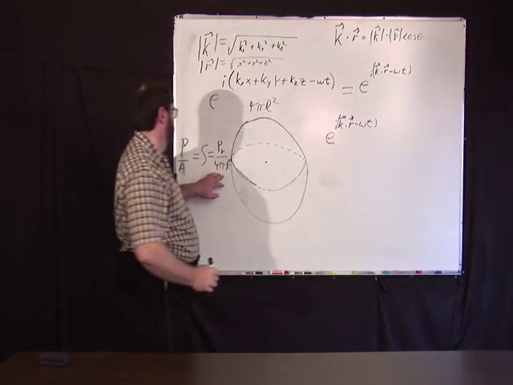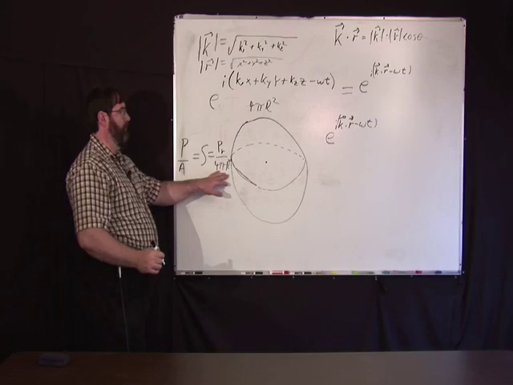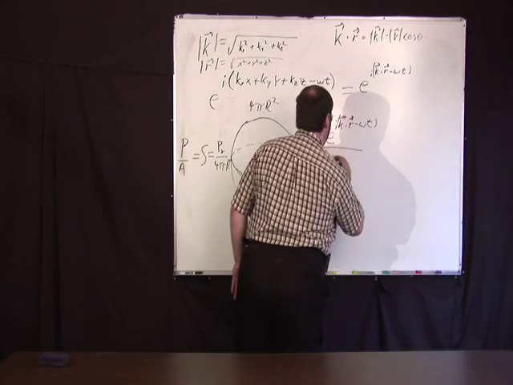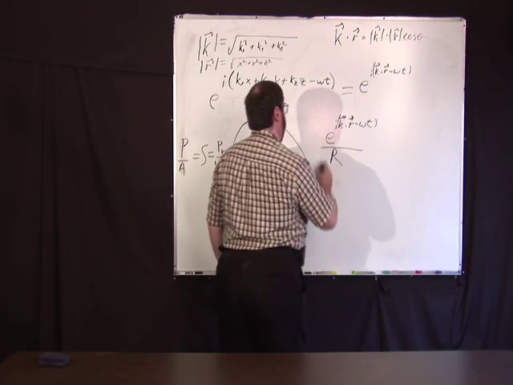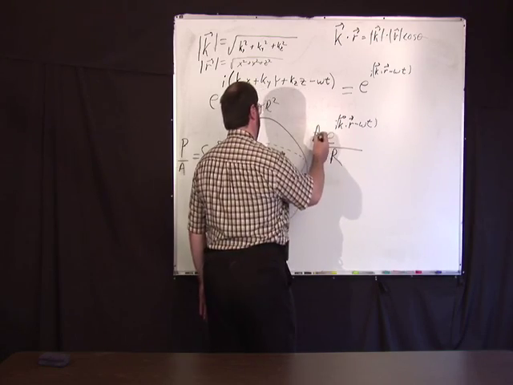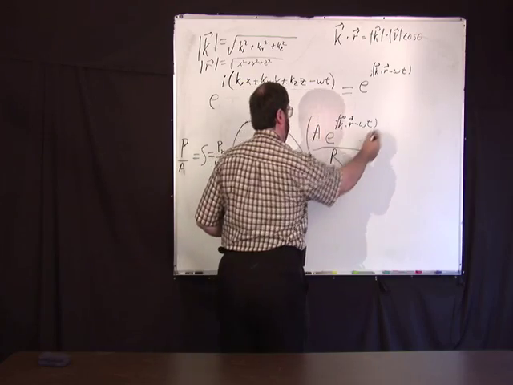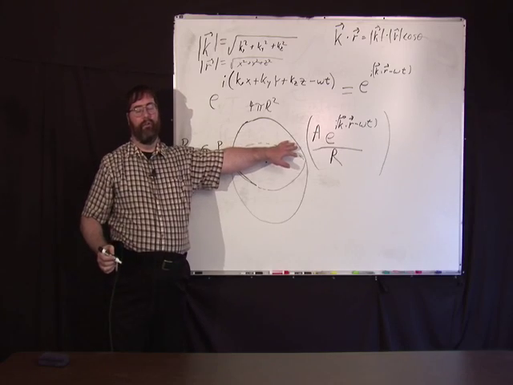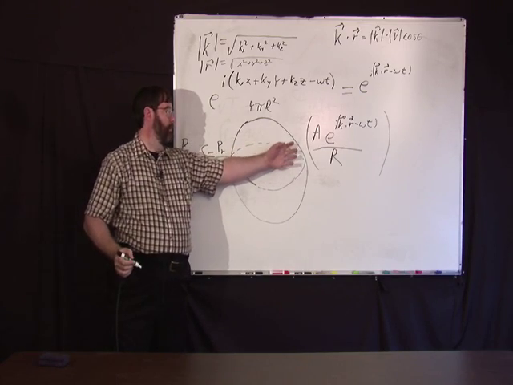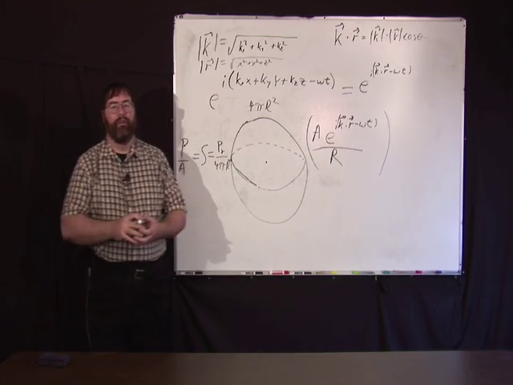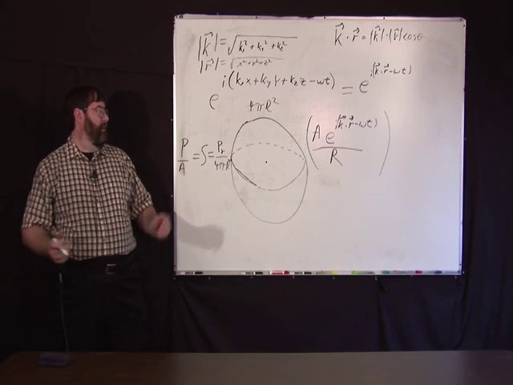But instead of being proportional to 1 over r squared, it's proportional to 1 over r, because it's the square root. Some constant up here will absorb the 4 pi. This is the form of spherical waves, whether electrical, acoustical, whatever kind of waves you can imagine. This is what a wave that's spherically expanding looks like.